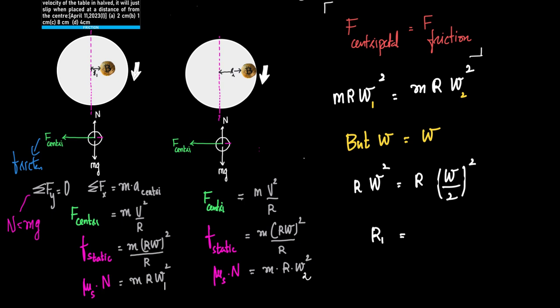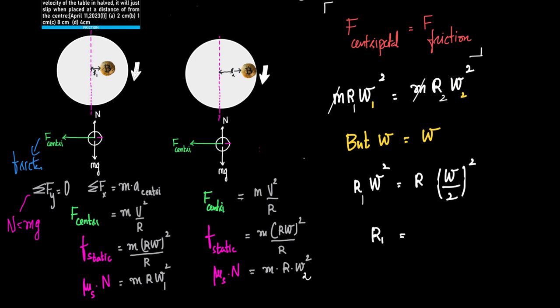Therefore, mu s into N and mu s into N would be the same here, which means m r omega 1 square will be equal to m r omega 2 square. And if we see, m and m will be the same, r and r will not be the same. It will be r1 and r2, right?